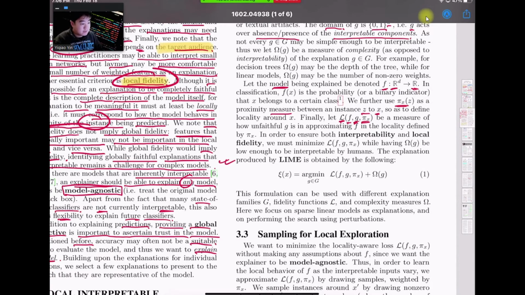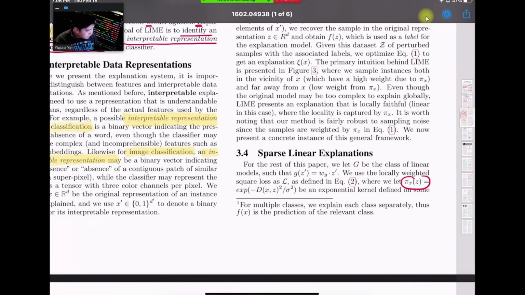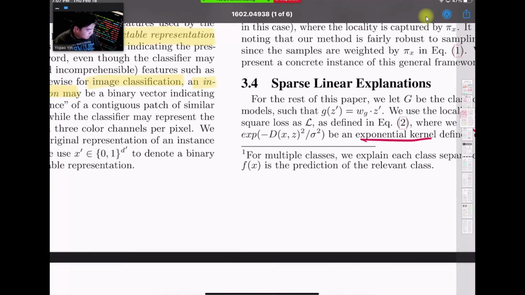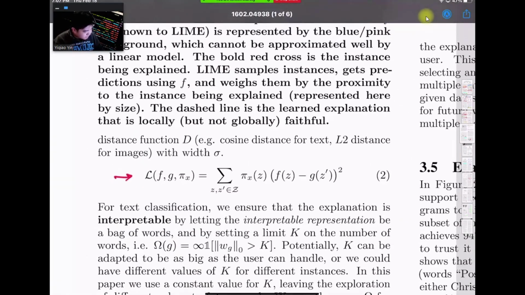And this pi x later on they define as a kernel function, and not just any kernel function. It's the exponential kernel function, which takes the form of an exponential function, and then it's being used in formula 2, and this pi is the kernel.